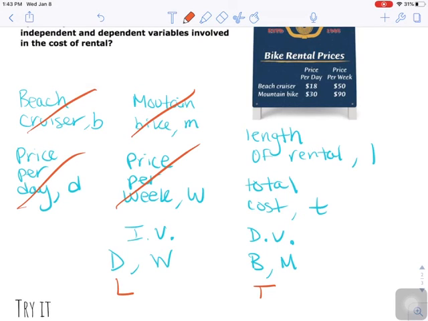If you ride the bike for an hour versus an hour and a half, that's going to affect how much you have to pay for it. So our independent variables here are price per day, price per week, and then the length of the rental. And what changes are the two bikes, the options of the two bikes that you can choose from, and the total cost, how much you're spending throughout the day.